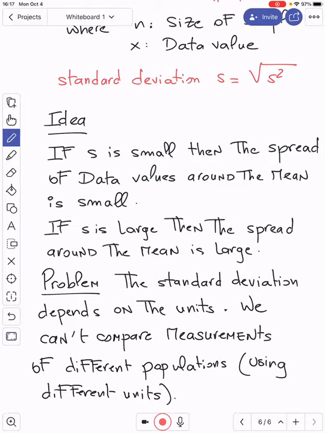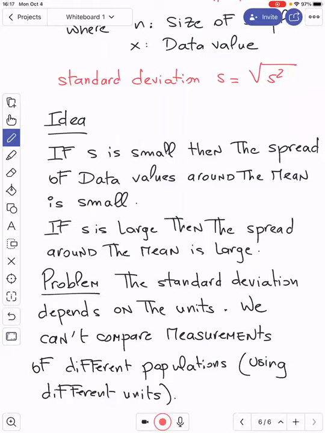And for example, you have a second sample of the weight of apples, and let's say you are using ounces to measure the weight of the apples. So for the first sample you're using inches, and for the second sample you're using ounces. You are using different units, and so you cannot use the standard deviation to compare the two samples.